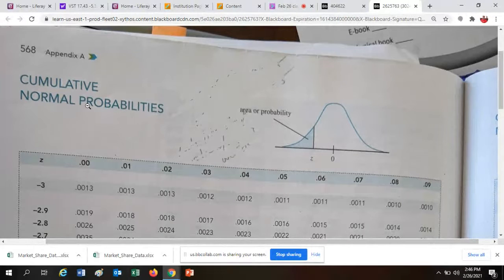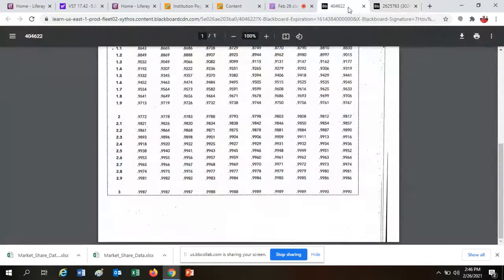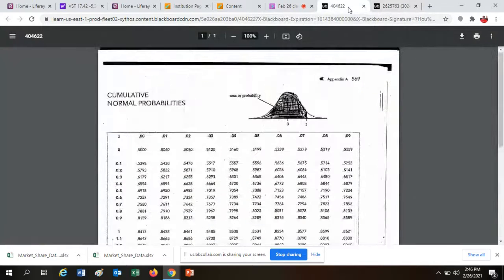Oftentimes they will not give you this page that they think you don't need. Why do they think that? Because the textbook publisher says, well, I gave them the positive one, the other page. Why can't they figure it out from this page?